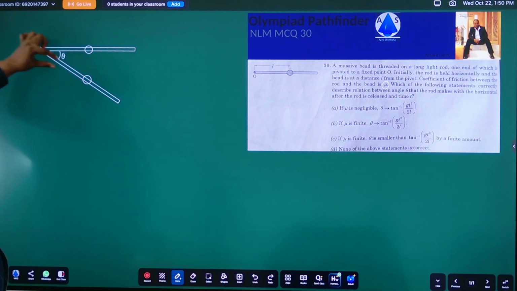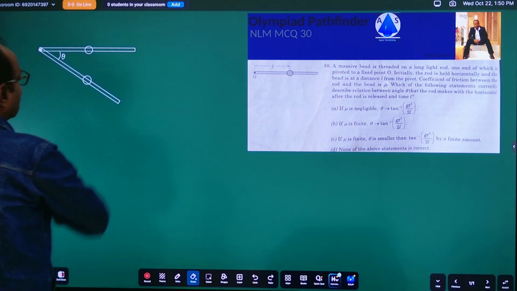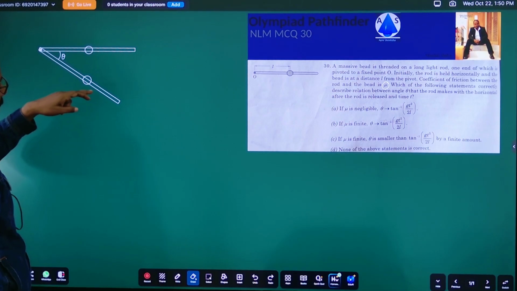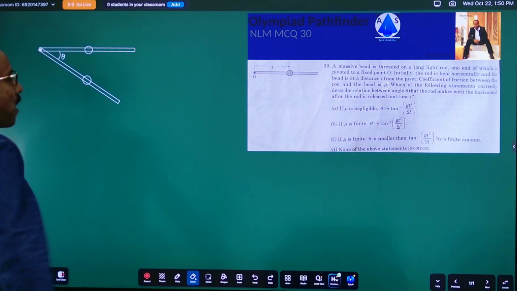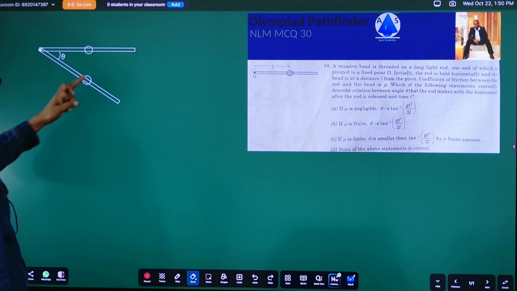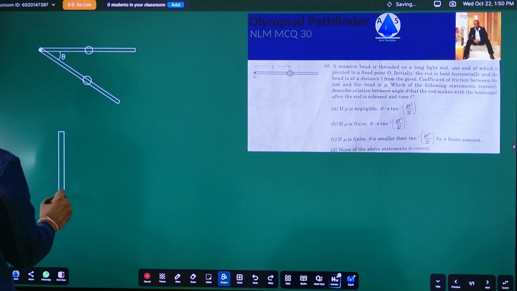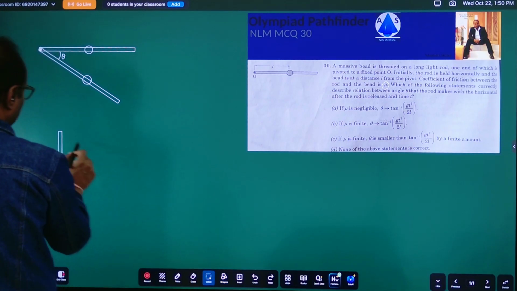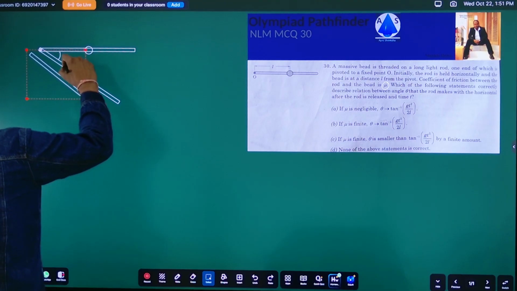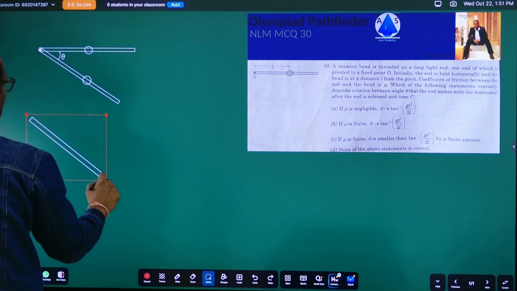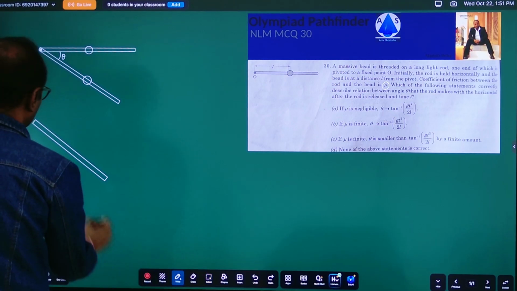This bead is moving on the rod, so there will be a normal reaction on the bead offered by the rod, and as per Newton's third law, the same normal reaction will act on the rod perpendicular to its surface. So let us make this.